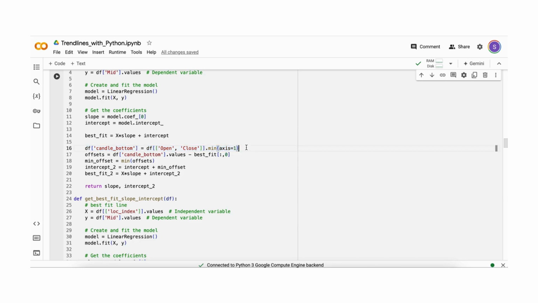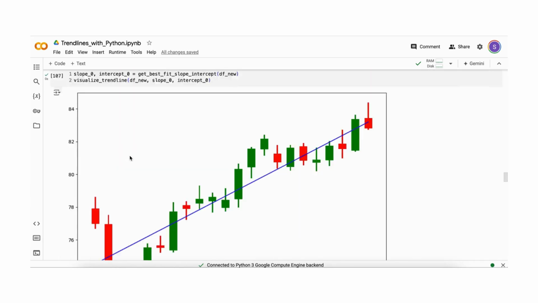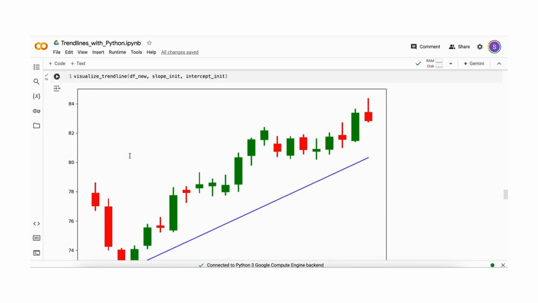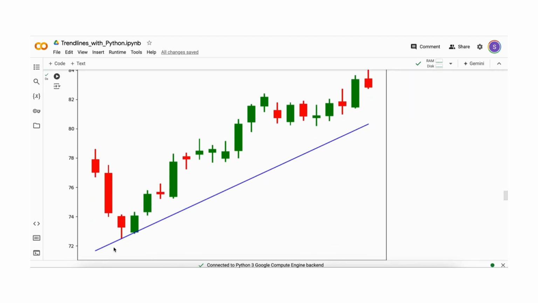So we find the bottom of the candle, and then we find the offsets. We find the minimum offset, and we pull down the intercept by the minimum offset, and that is how we get the new intercept. The slope, as I said, does not change in this particular step. So now we are at step 2, where we have shifted the best fit line below all of the candles.